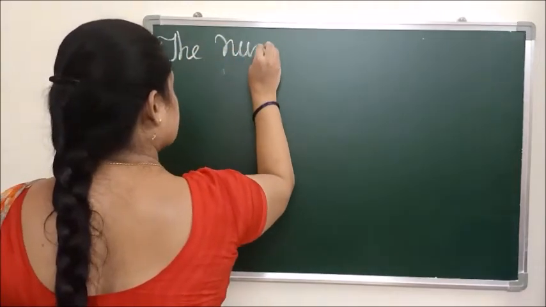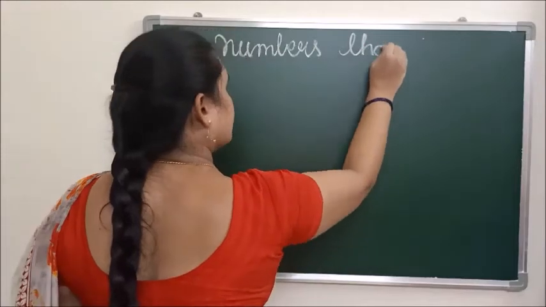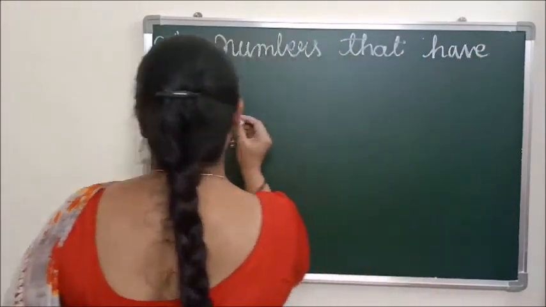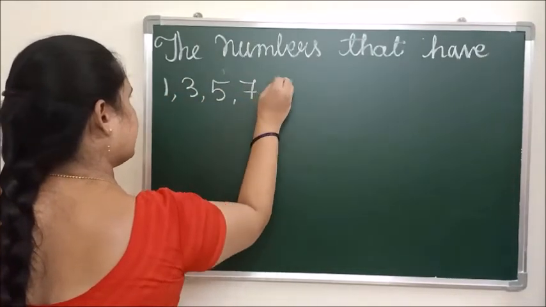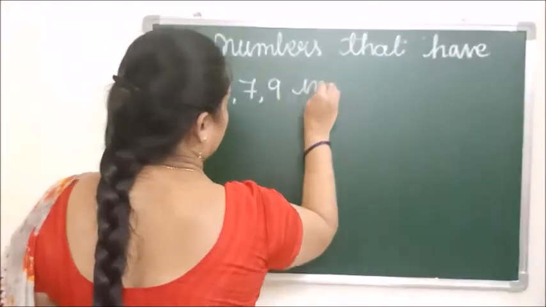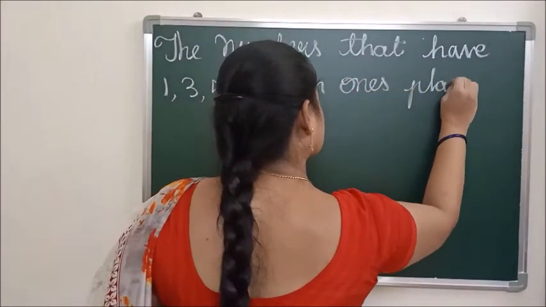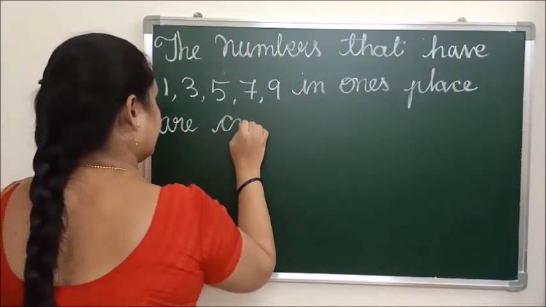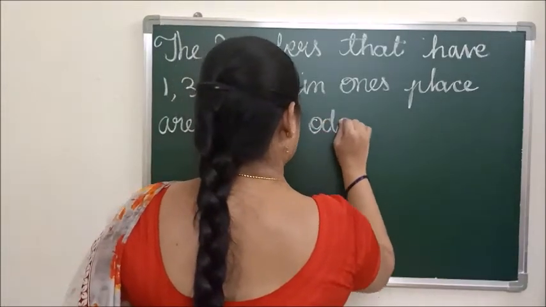The numbers that have 1, 3, 5, 7, 9 in ones place are called odd numbers.